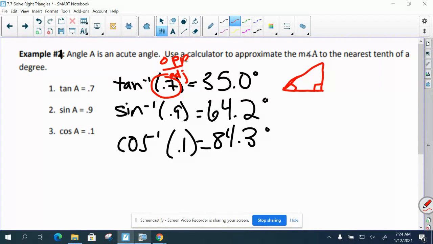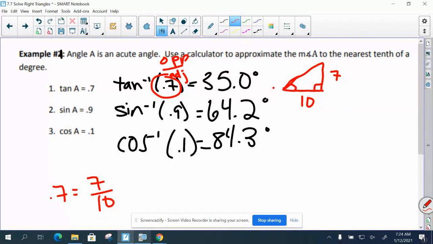What's one way you can think about that? Well, 0.7, as you know, is also equal to 7 over 10. That is one possible side length for the opposite over adjacent. It could also be 14 over 20 or any multiple of 7/10. So I'm going to say that the opposite side is 7 and the adjacent side is 10.